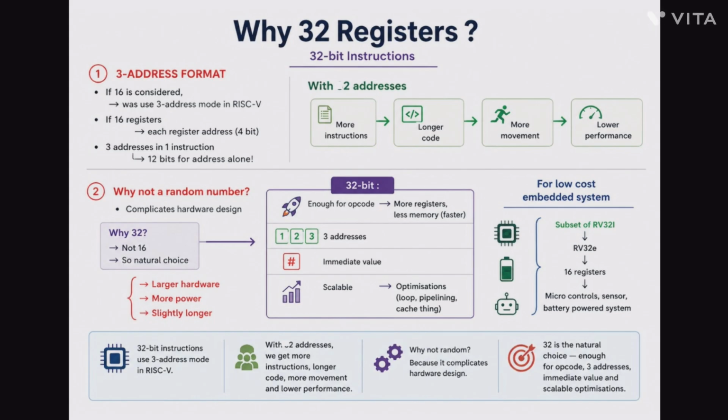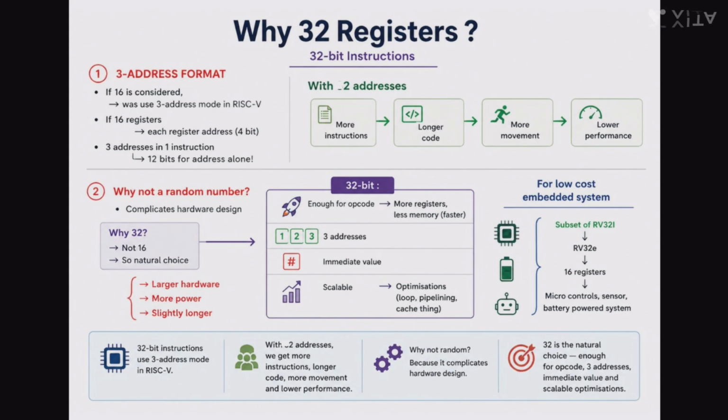If we consider 16 bits, we cannot use the three-address mode. Also with 32 registers, each register would need 5 bits, which is not possible. For low cost embedded systems, we have a subset of RV32I, which is RV32E, which has 16 registers, used for purposes like microcontrollers, sensors, and battery powered systems.